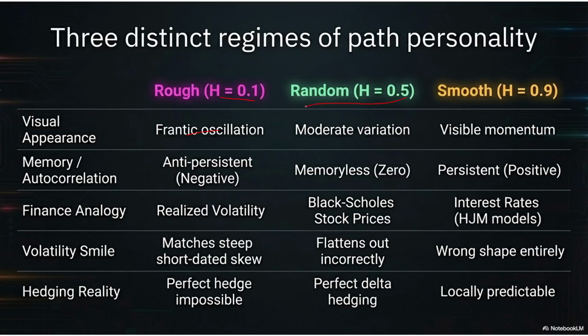When H is 0.5, so random, the paths have moderate variation and zero memory, representing the Black-Scholes stock prices where perfect delta hedging works, but it incorrectly flattens out the volatility smile. But when it's smooth, so H is 0.9, the paths show visible momentum and positive autocorrelation.